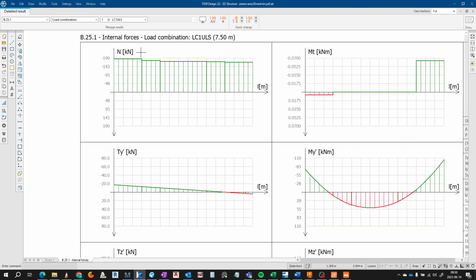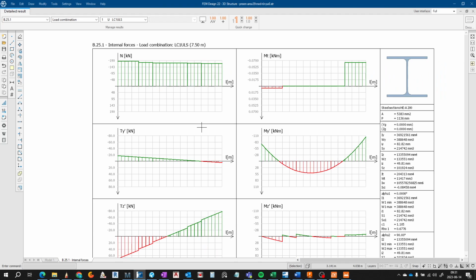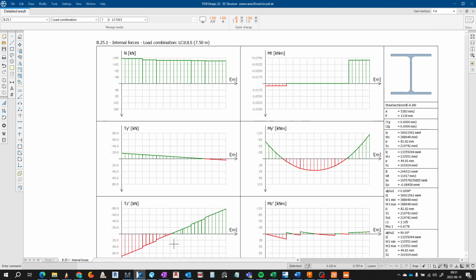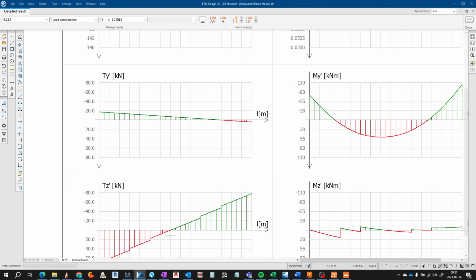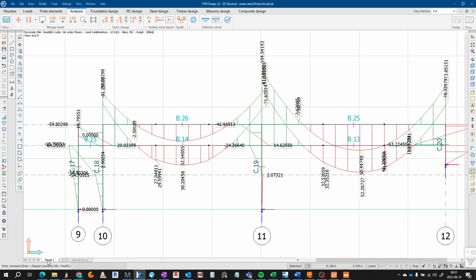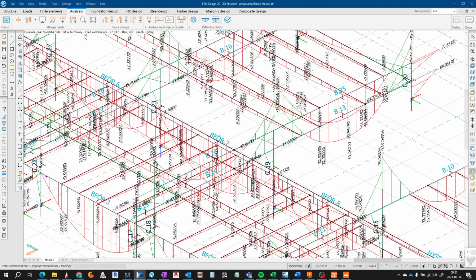We have concentrated normal force here around 200 kilonewtons. We have moment, which is 110 kilonewtons per meter. We have shear force of 80 kilonewtons. I think this is going to give us problems.